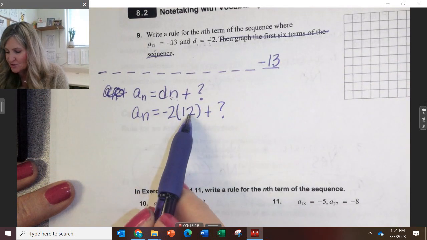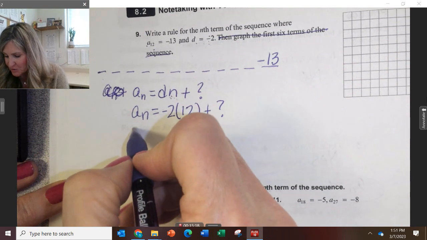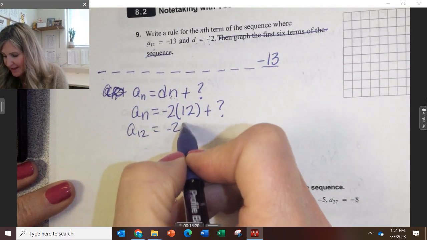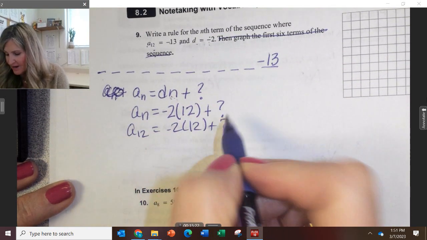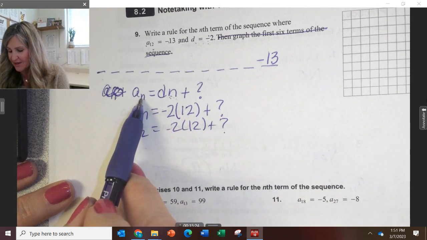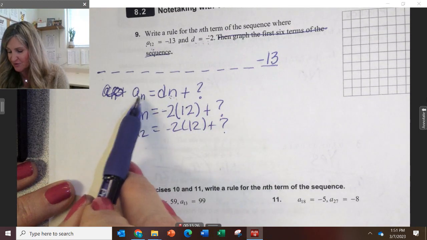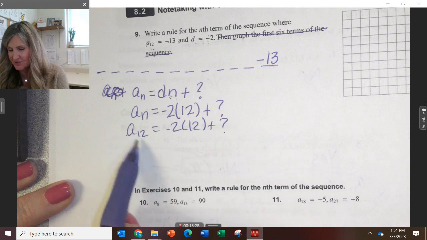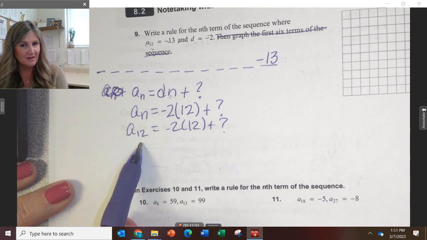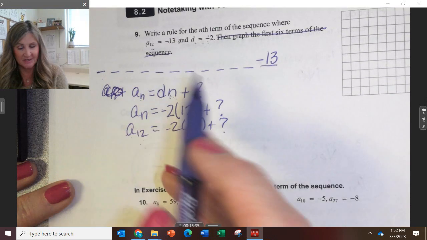When n is 12, what is a sub 12? See, this is what I have so far. I've got a sub 12. I'm plugging in 12 because that's the n value they're giving me. So what is the answer to a sub 12? What's a sub 12, guys? They just gave it to us. What is it?